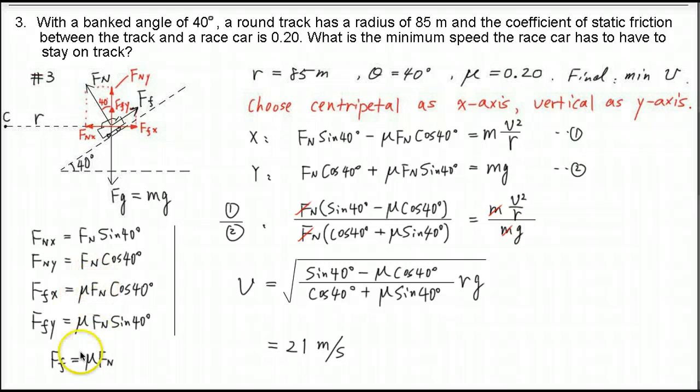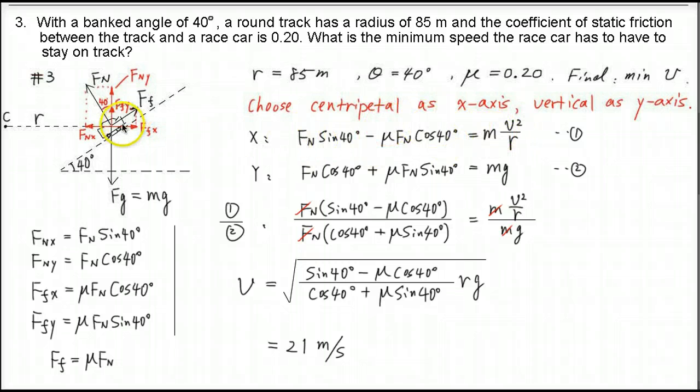And in here, the friction must equal mu multiplied by Fn, because at the minimum, Ff must equal the maximum possible friction. And then we're going to use all these components we listed here to make up our equations. So along the centripetal direction, we should have the net force equals ma.